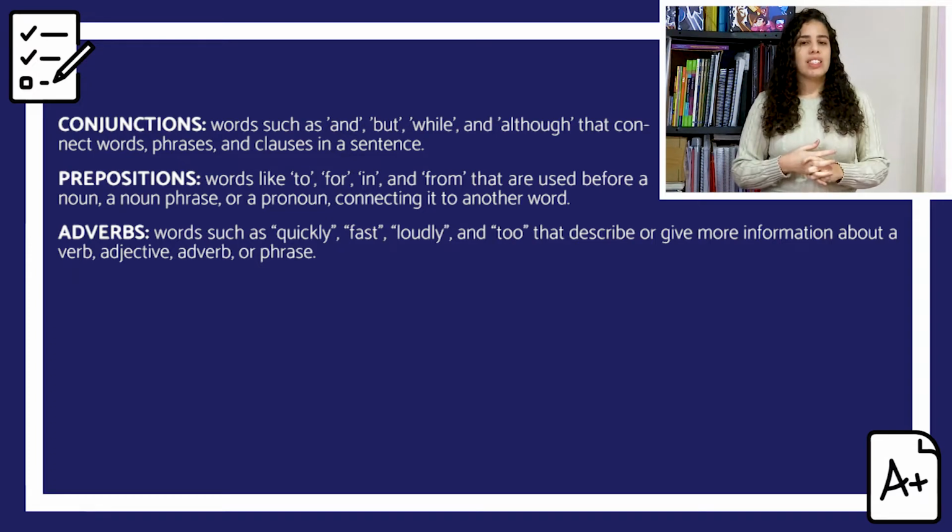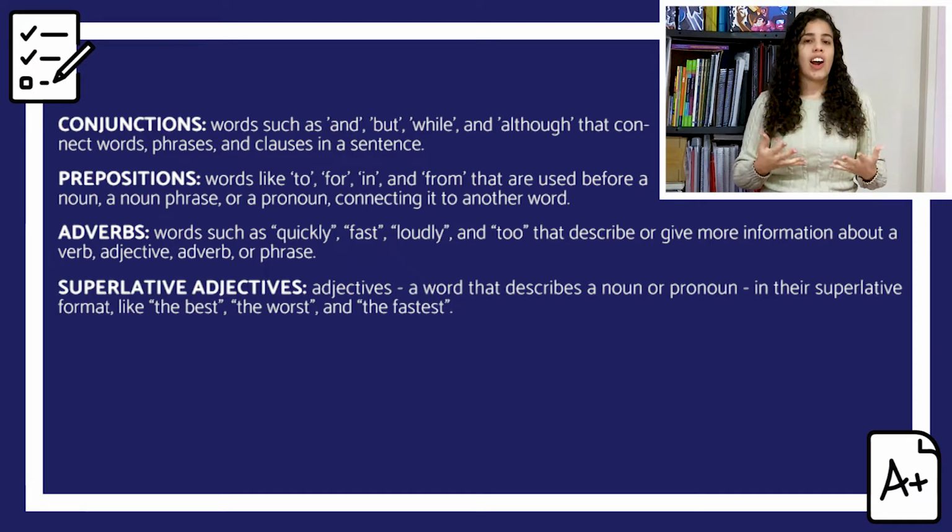And superlative adjectives, which are adjectives, a word that describes a noun or pronoun in their superlative format, like the best, the worst, and the fastest. But some teachers and students might get confused by the use of the pronouns and some other adjectives.